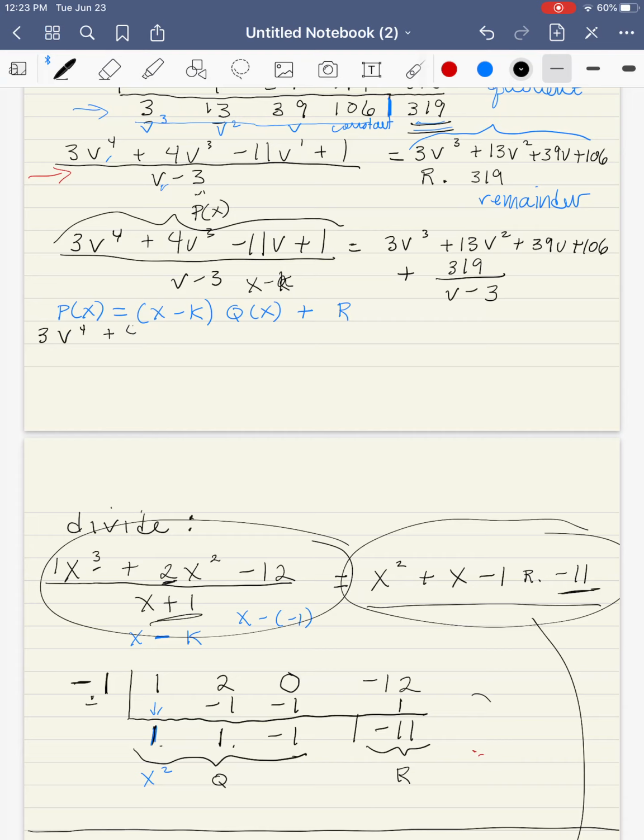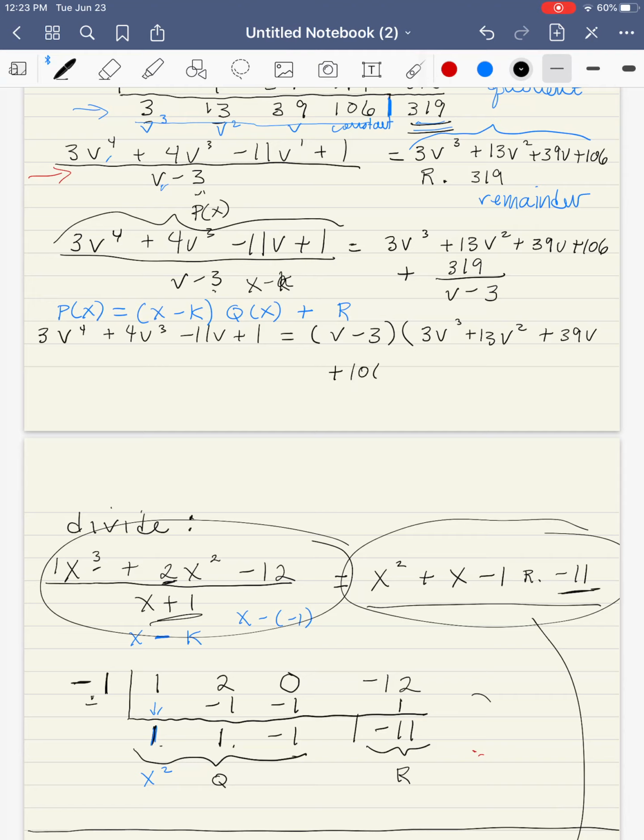So we have our polynomial p of x, and in this case it's p of v, 3v to the fourth plus 4v cubed minus 11v plus 1. That's my p of x, except I use a v because I had a v originally, equals what I'm dividing out here, v minus 3, times my quotient.